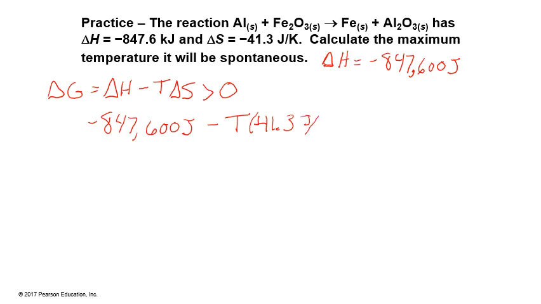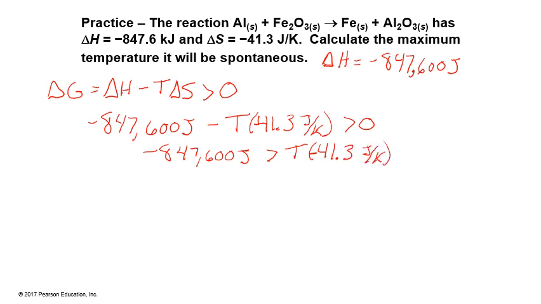which is negative 41.3 joules per Kelvin. We're going to move that minus T times our entropy to the other side of the equation, and we're going to divide both sides by the entropy.